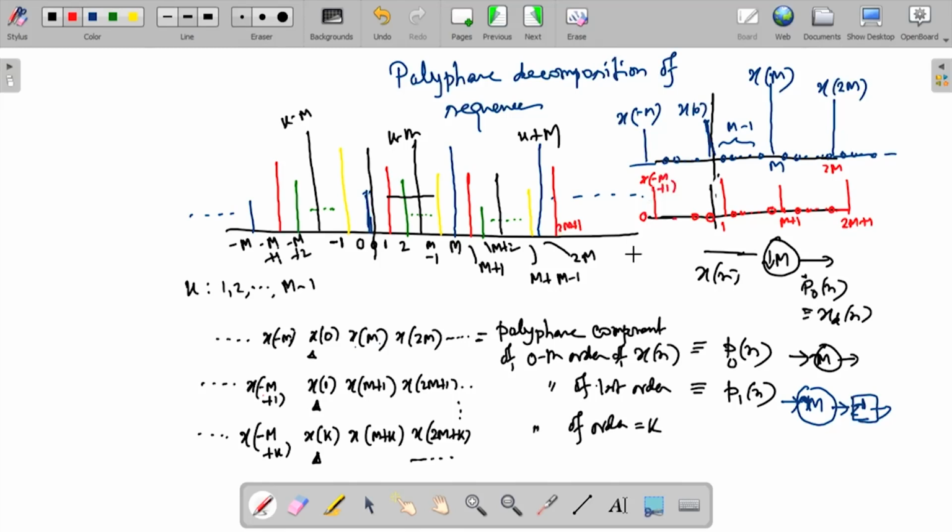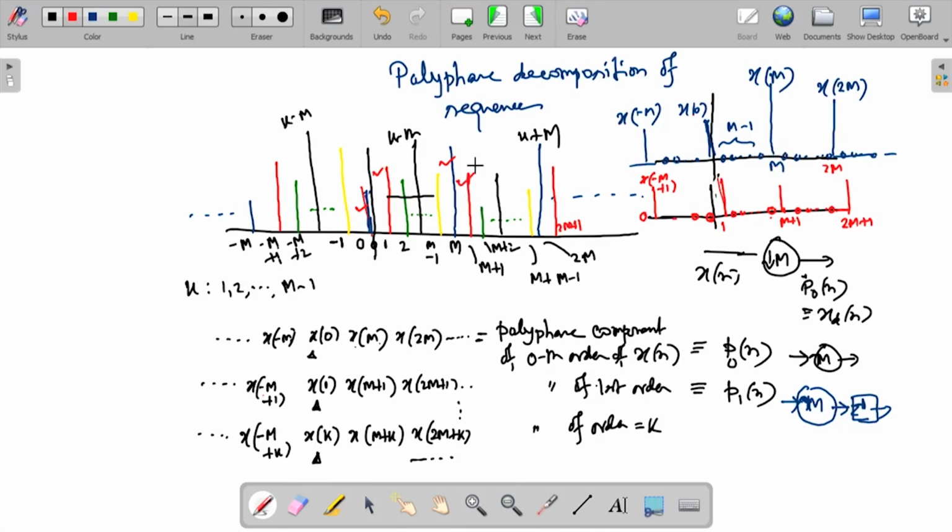If I add the two, you will see this x[0] will come in place. That time it will get added with 0, so no interference. Then x[1] added with 0, so x[1] will come up. Then zeros and zeros will add, so I will not get anything. Then x[M] plus 0, so x[M] will come up, and here x[M+1] and 0 from here, so x[M+1] will come.